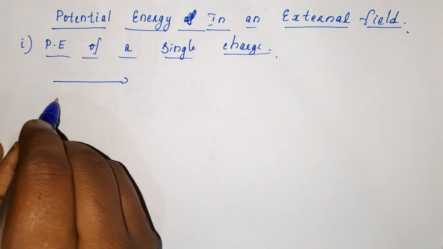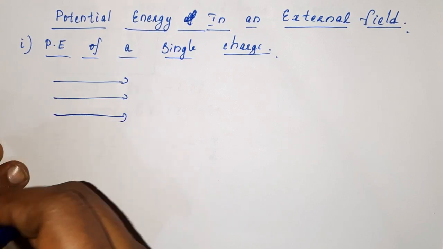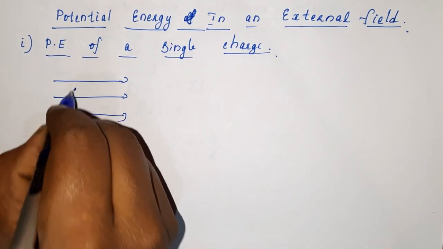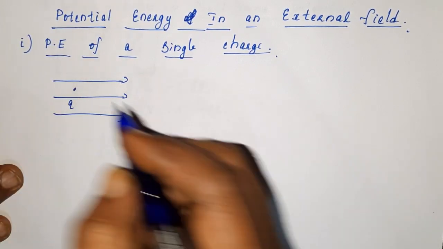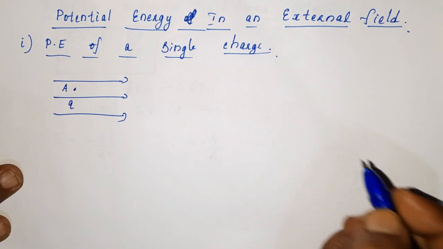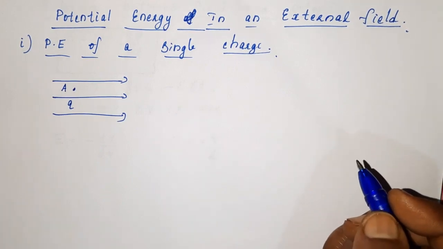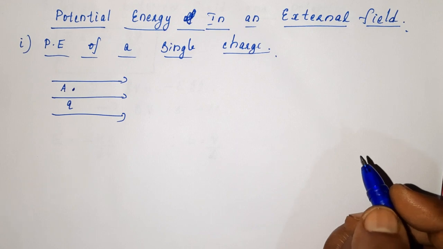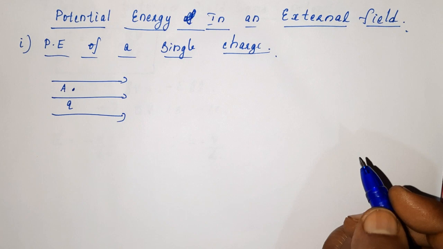You can consider a uniform electric field, and suppose a charge Q is kept here. Let that position be A. We already stated while defining electric potential, I emphasized one point, that potential characterizes the field.